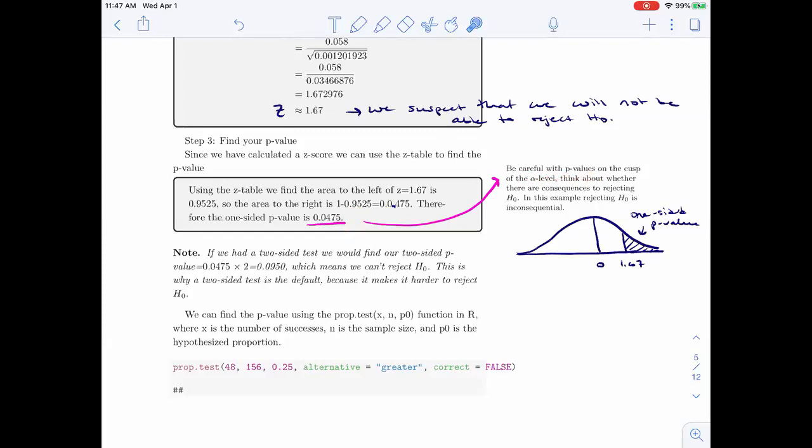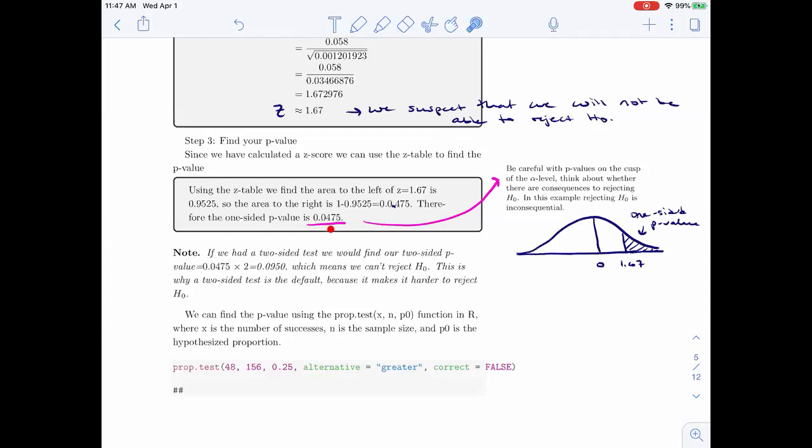Be careful with p-values on the cusp of the alpha level, when they're hanging out close to the alpha level, if there are consequences to rejecting H naught. If you just use this and reject H naught and you submit your report and then 400 people get fired, that would be very bad, because here, this was not a lot of evidence against H naught. It was enough, but it wasn't a lot.